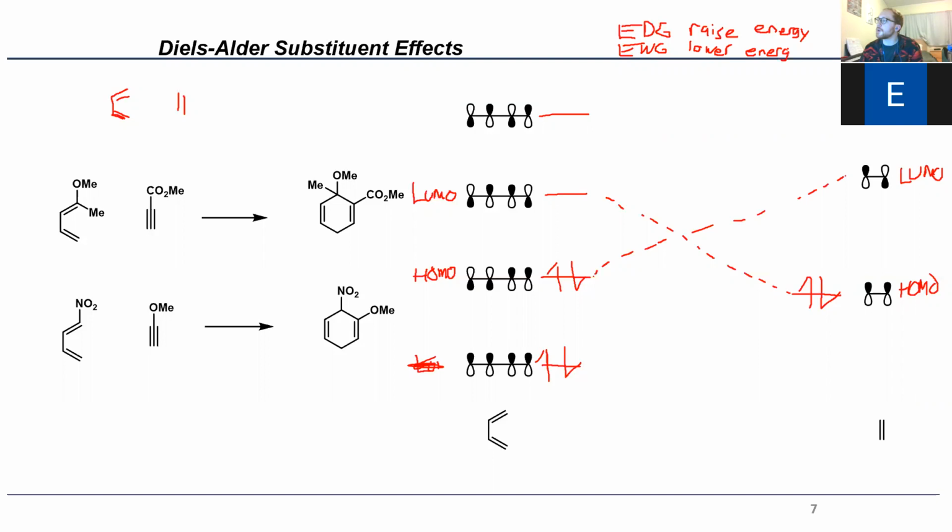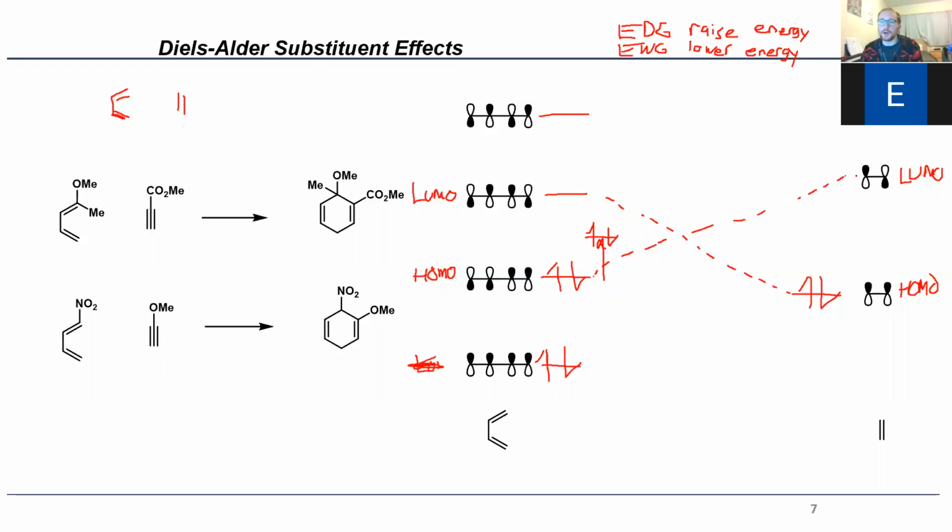And so you can see in this way, we can start to do electronic matching. And so a potential solution to sluggish reactivity here could be for our diene to raise the energy of the HOMO, so it's now closer in energy to the LUMO, right? And so we could do this by adding electron donating groups to the diene.